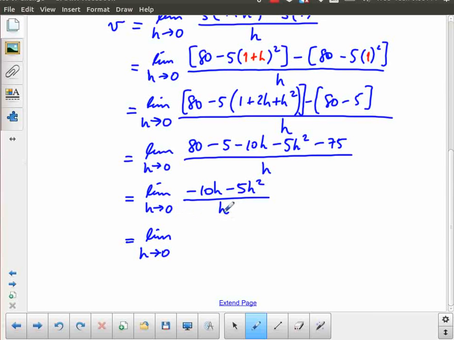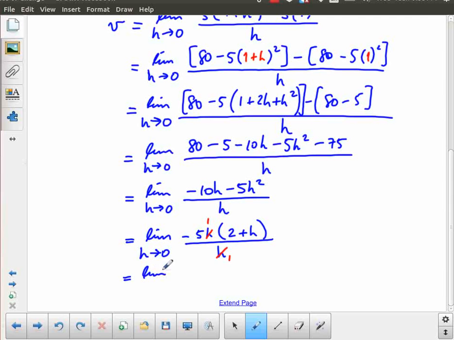In this case is h, that's in the denominator. So I actually have a common factor in the numerator of negative 5h, and that's multiplied by 2 plus h, all divided by h. And I did get that opportunity to divide out those h's. They become 1's instead.